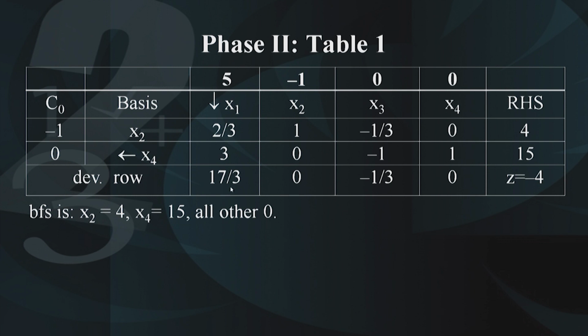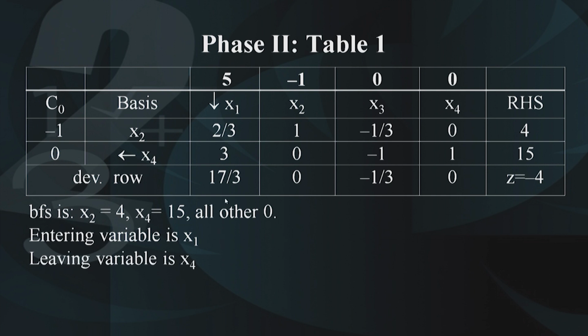This indicates that only the entry corresponding to x1 is positive, and this shows that the x1 variable should be the entering variable. So, our x1 should enter the basis, and similarly we will perform the minimum ratio test, 4 upon 2 by 3 and 15 upon 1, and this tells us that our leaving variable is x4. So, what is the pivot?